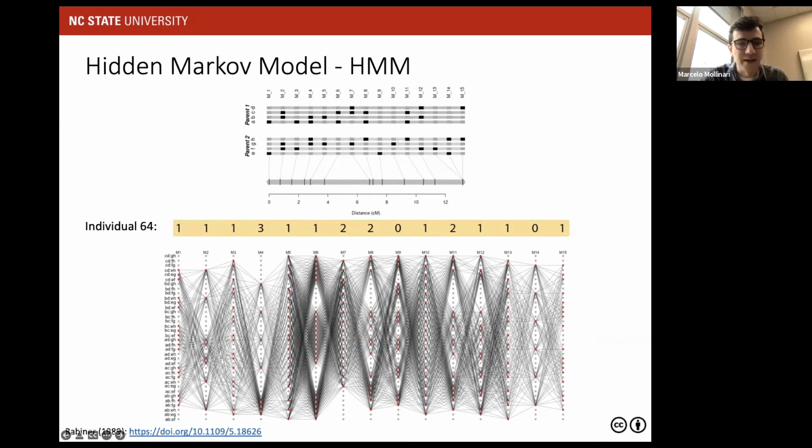Are these states here. And the nice thing about these hidden Markov models is that with something we call the Baum-Welch algorithm, which is a special case of the expectation maximization algorithm, we can maximize this likelihood function. And what's going to happen is that we are going to trace the most likely path in this very complex trellis here.